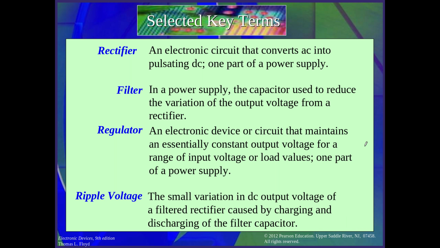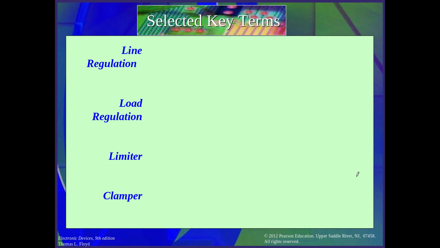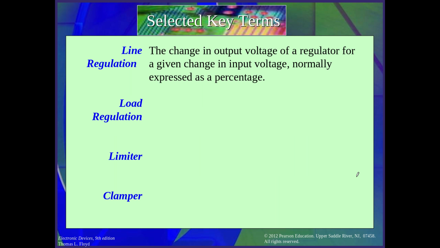What is a ripple voltage? The ripple voltage is the small variation in the top of the output of the full wave rectifier, caused by charging and discharging of the capacitor. Line regulation is the change in the output voltage of the regulator for a given change in the input voltage, expressed as a percentage.